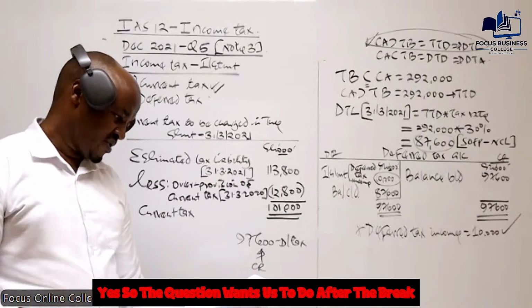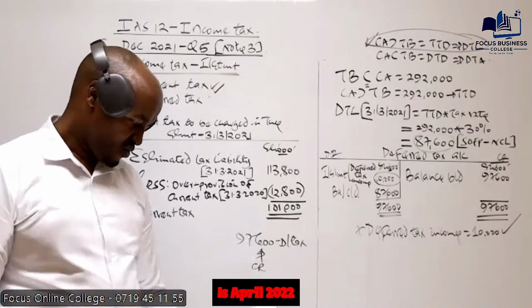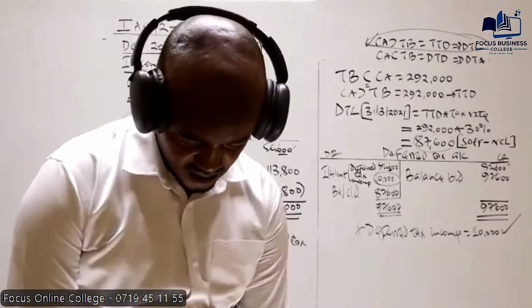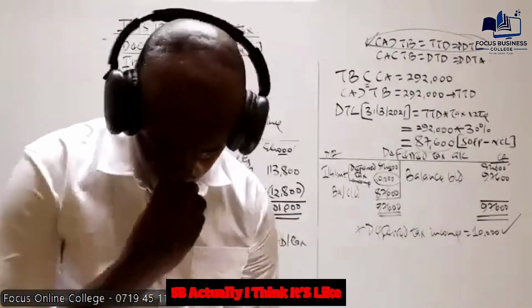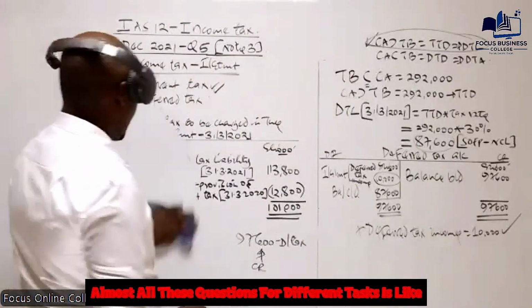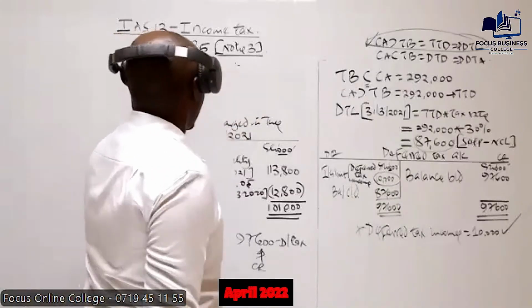Yes, so the question I want us to do after the break is the April 2022 question 5B. Actually, I think almost all of these deferred tax questions are in question number 5.